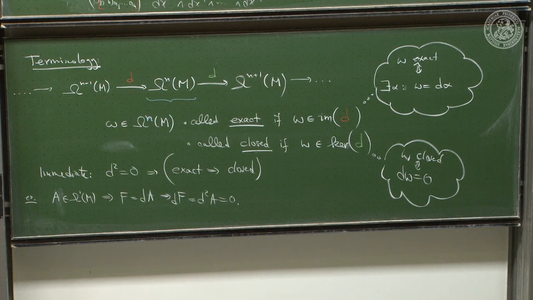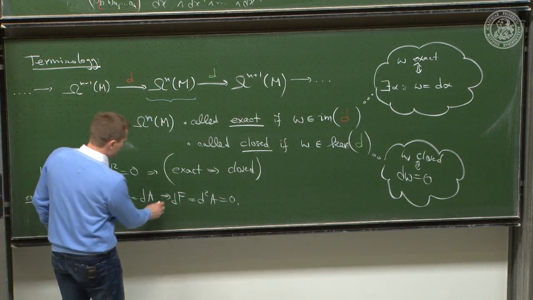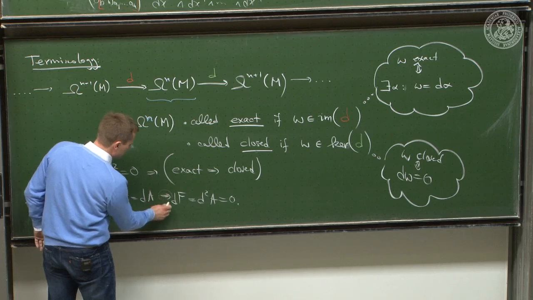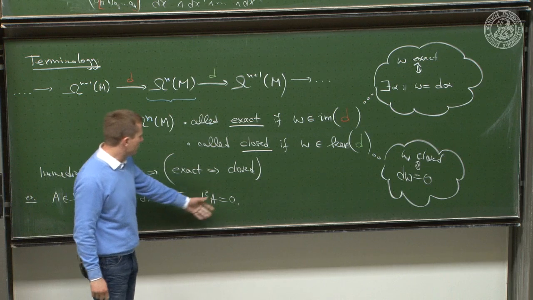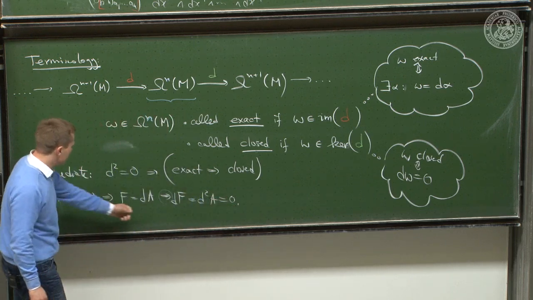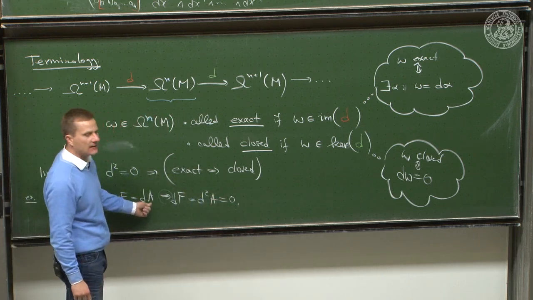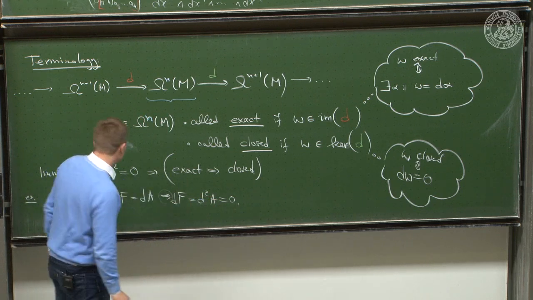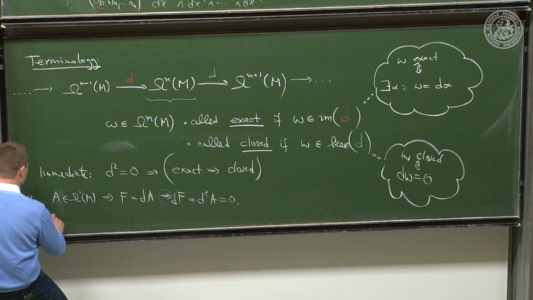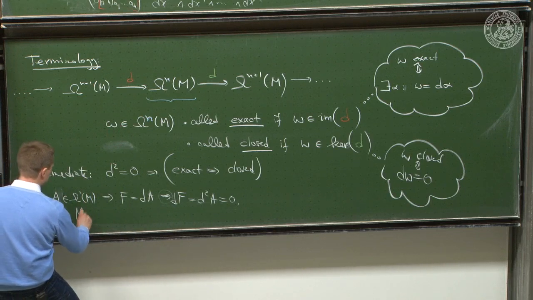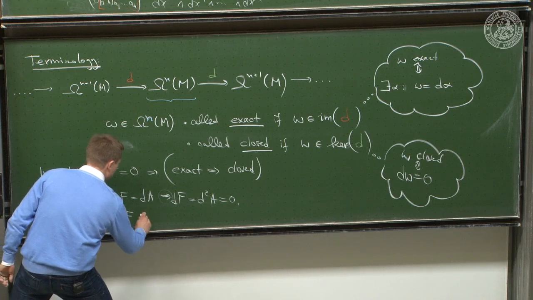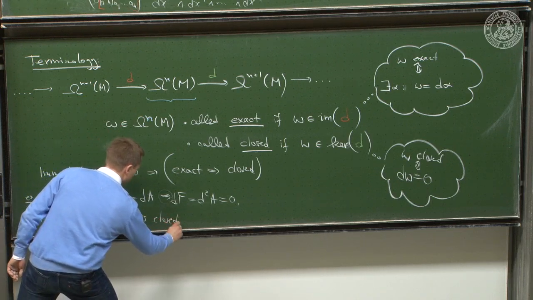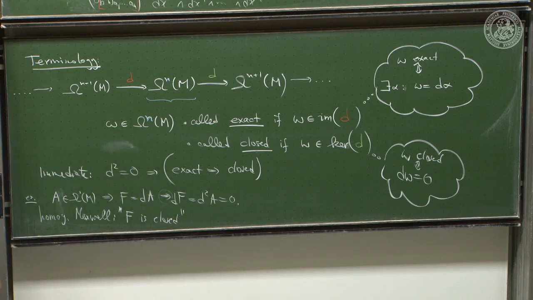But the question is whether you can actually take this implication arrow and turn it around. Can you already conclude from the homogeneous Maxwell equation that there is an A such that F is exact? The homogeneous Maxwell equations say that the field strength is closed. In this language, that's what the Maxwell equations say.